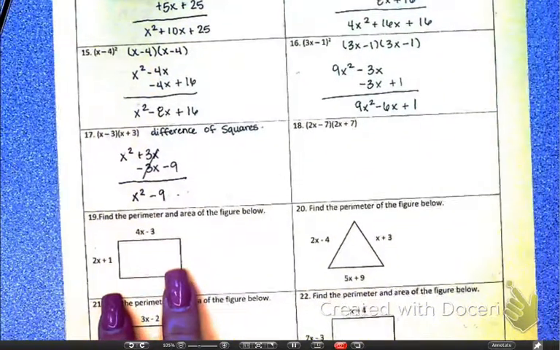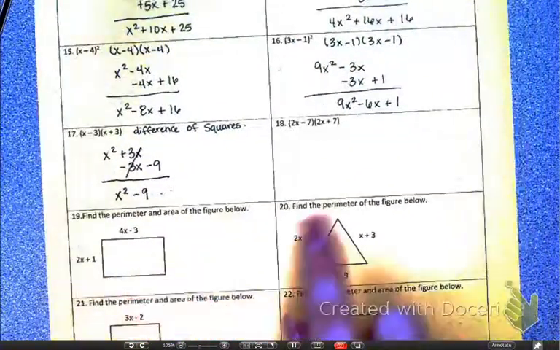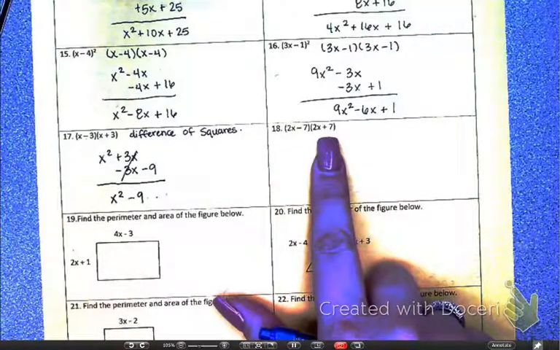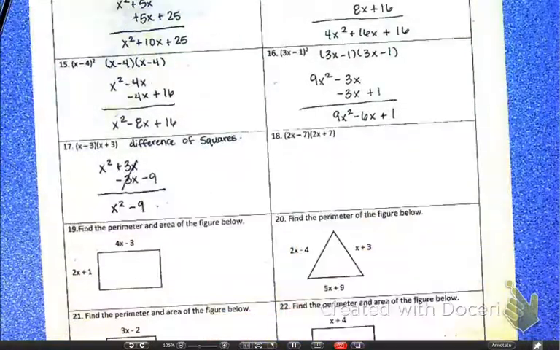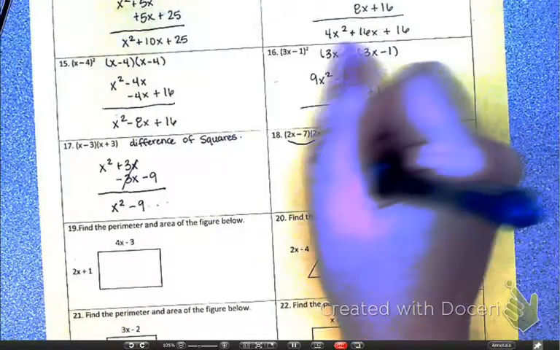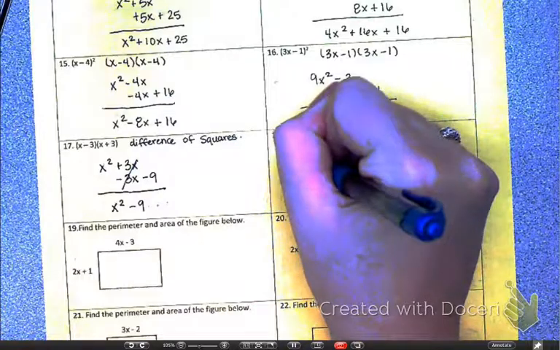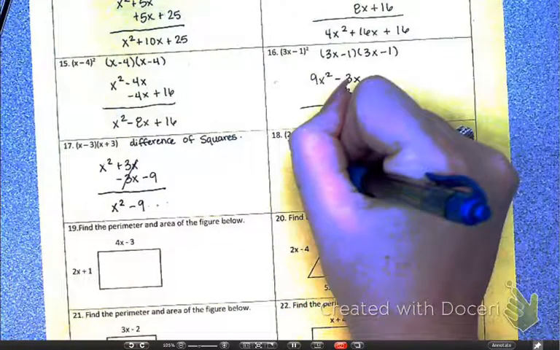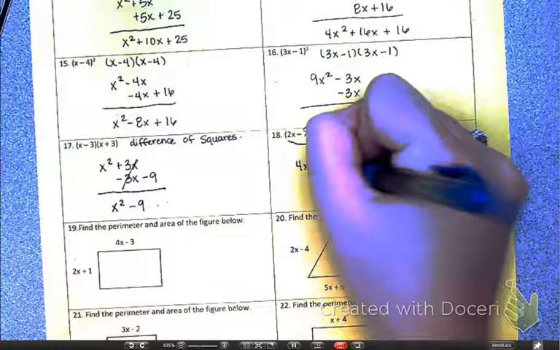Now, number 18 happens to be that type of problem, right? They're exactly the same, where one's plus, one's minus. So if I distribute or I use the box, those middle terms are going to cancel out. So I can multiply the first terms. 2x times 2x is 4x squared. And I can multiply the last term. 7 times negative 7 is negative 49.